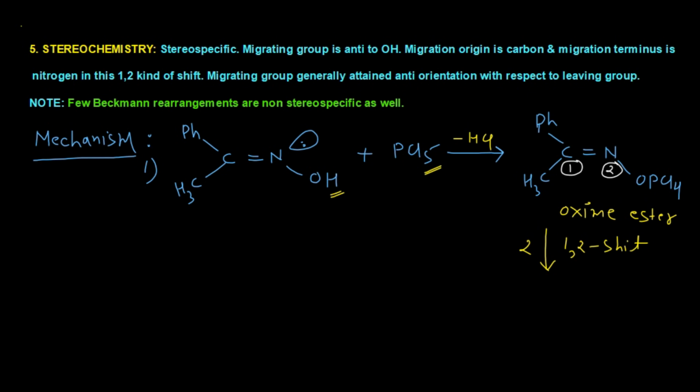So how it will happen, you see. This will shift onto this, and that will leave from this nitrogen atom. This is the leaving group, okay? And you should remember, this 1,2 shift is the rate determining step as well.